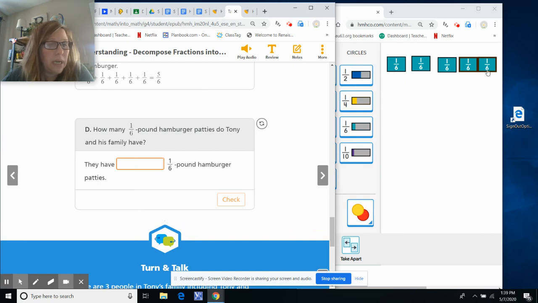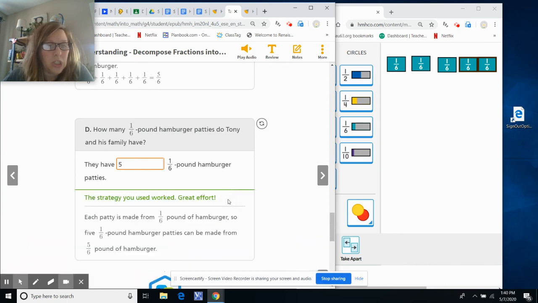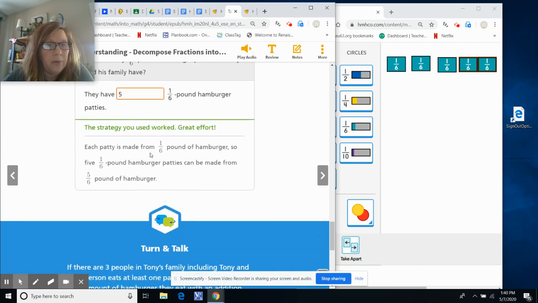How many hamburgers can I make, or how many can Tony make? 1, 2, 3, 4, 5. You're going to have 5 1/6 pound hamburger patties. Let's check. And we were right. Each patty is made from 1/6 pound of hamburger. So 5 1/6 pound hamburger patties can be made from the 5/6 pound of hamburger.